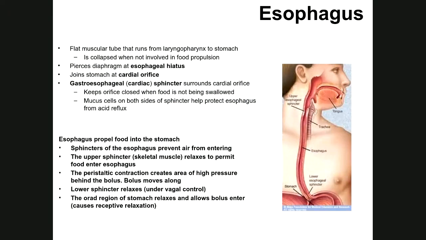The upper sphincter is made of skeletal muscle. The lower sphincter, which protects the esophagus from acid reflux, is under vagal control.